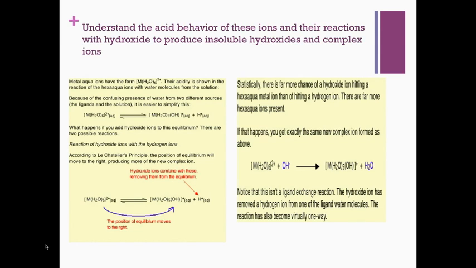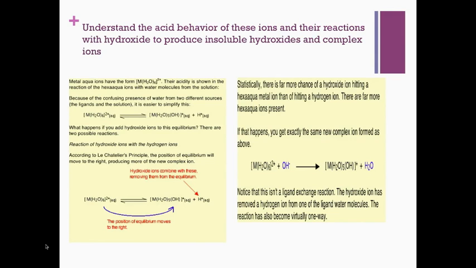But statistically, there is a far greater chance of a hydroxide ion hitting a metal ion than of hitting a hydrogen ion, because there are many more of these hexa-aqua ions present.